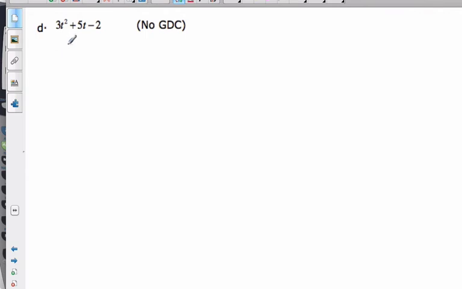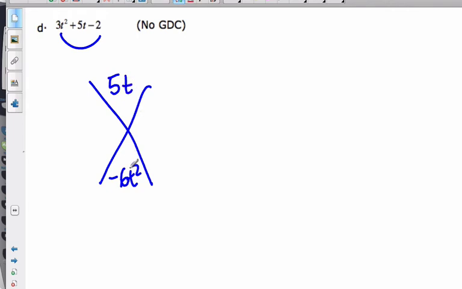All right, first thing, look for common factors. There are none. So I make my cross, multiply to get negative 6t squared, add to get 5t. Multiply to get negative 6, add to get 5. Well, I know a positive 6t times a negative t would add up to 5 and multiply to get negative this.